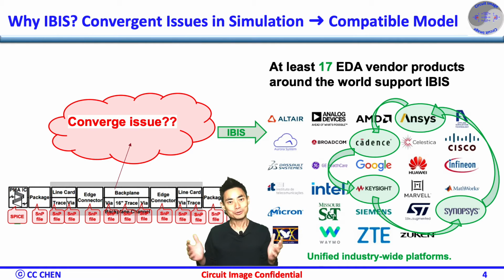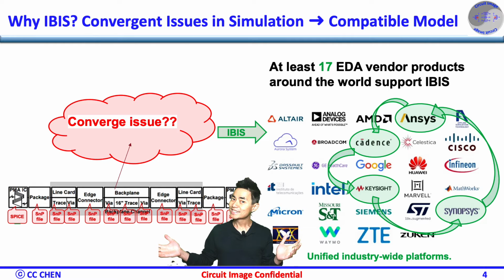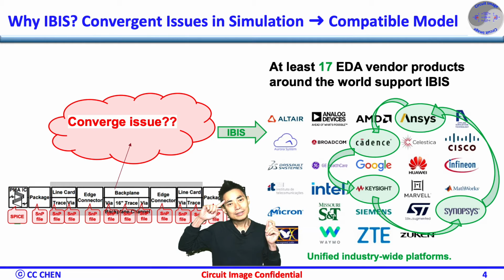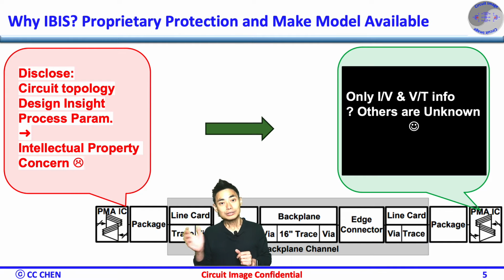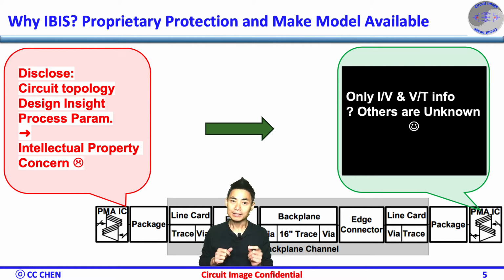What else could be a good reason to use the IBIS? Think about the proprietary image for 5 seconds. Here we go. The SPICE model shows every circuit block at the transistor level, disclosing detailed information about the circuit topology, design, and process parameters. Therefore, IC vendors may consider that the SPICE model could disclose their intellectual property and resist providing SPICE models to their customers.